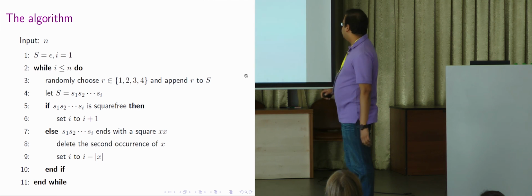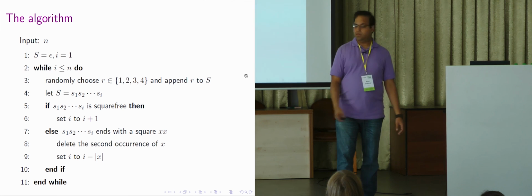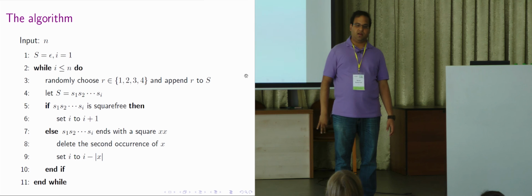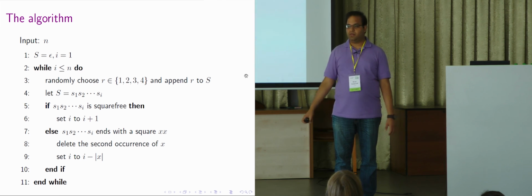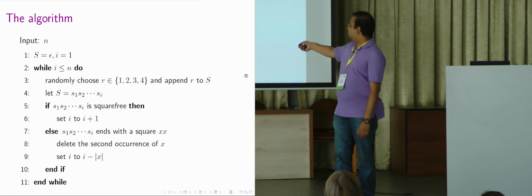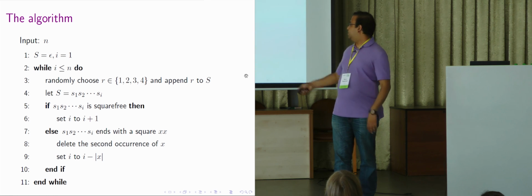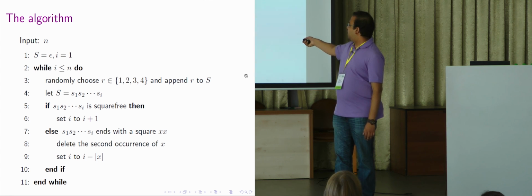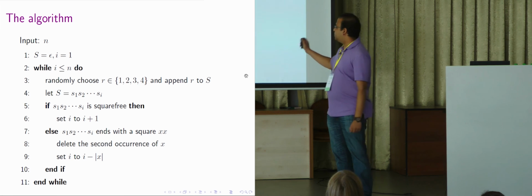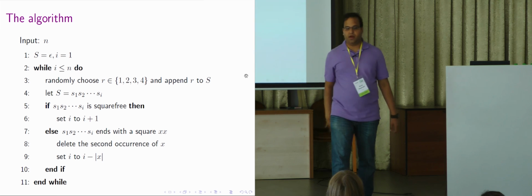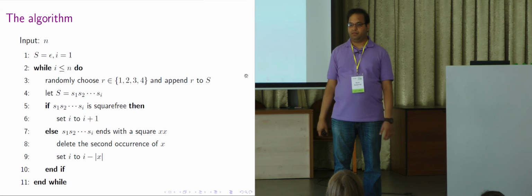If it doesn't work, so if you try to extend and you create a square, XX, you delete the second X, and then you continue to try and extend from there. So we have a very simple backtracking algorithm. We extend by a symbol chosen at random, and if it works, we continue. If it fails, we delete the square that was created, and we continue running the algorithm.